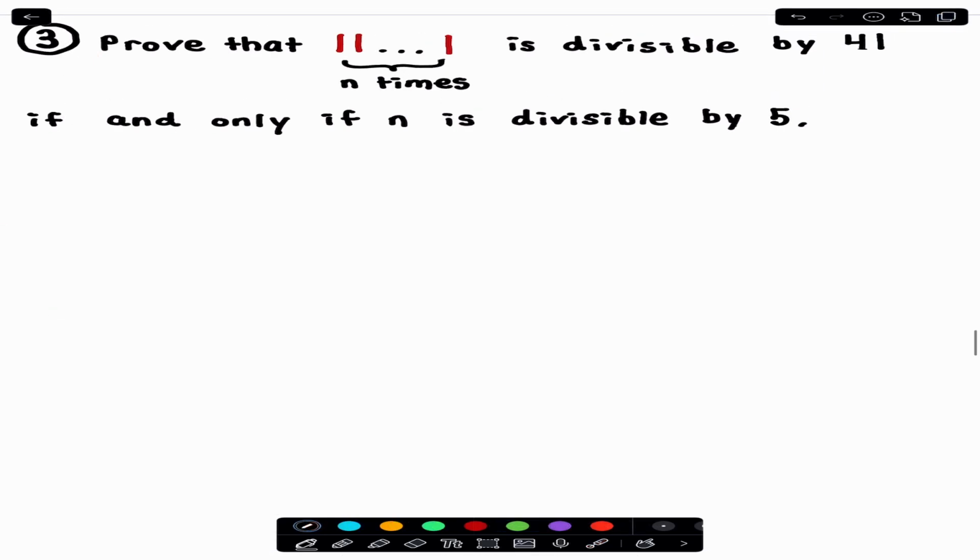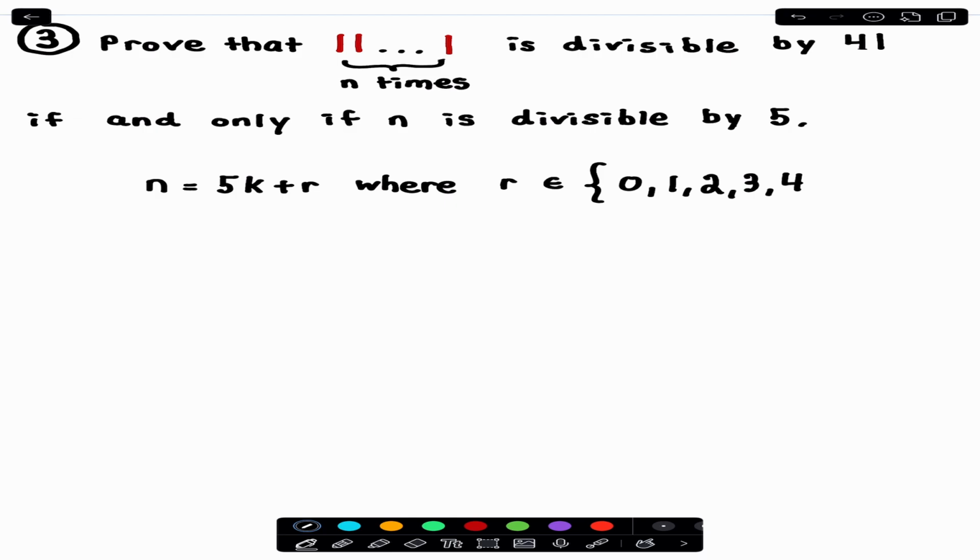The way we're going to approach this problem is we are going to let n take on the form of 5k plus r, where r will range from anywhere in the set 0, 1, 2, 3, and 4.